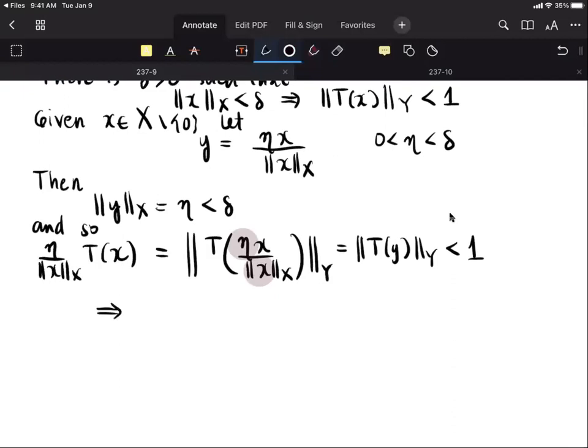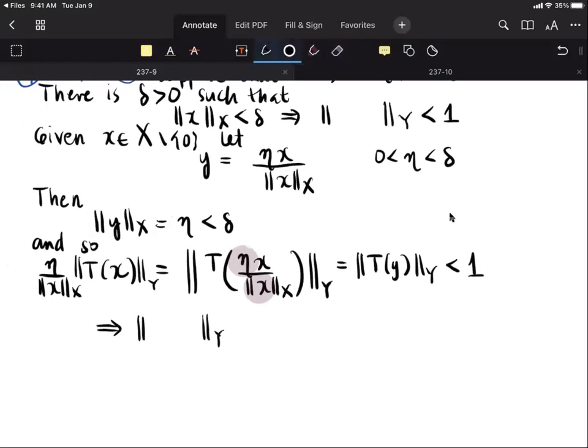So this implies that the norm of T of x in Y is less than or equal to, after dividing by eta over the norm of x, 1 over eta times the norm of x.